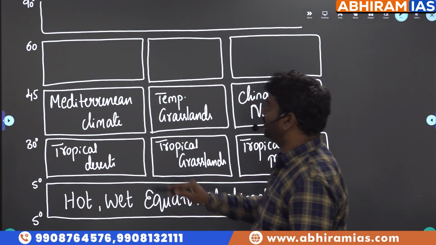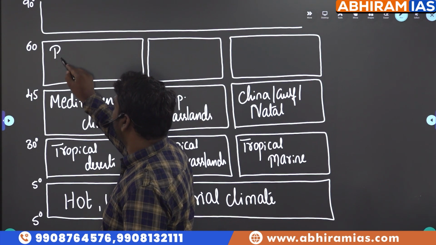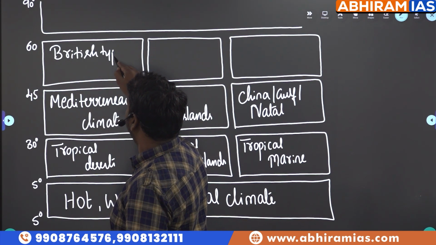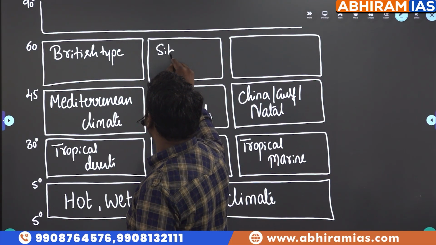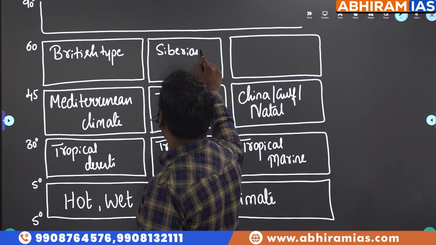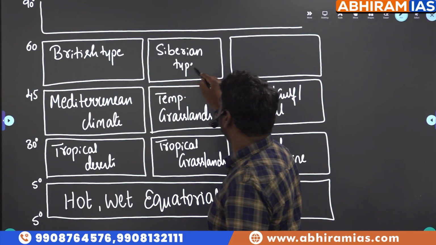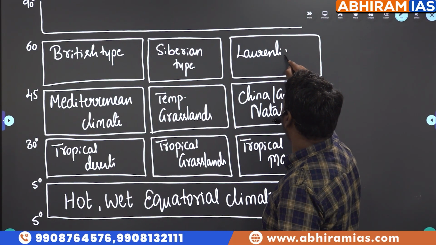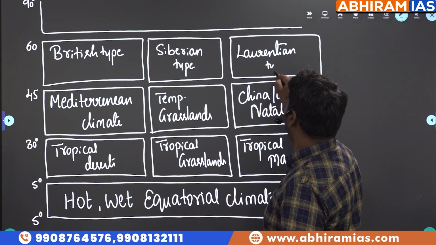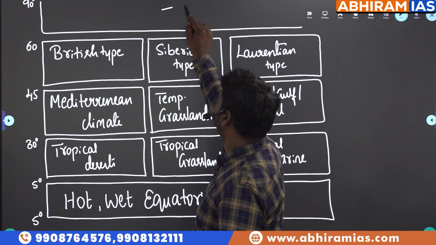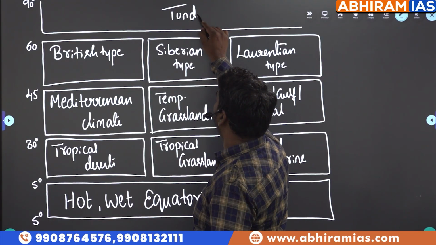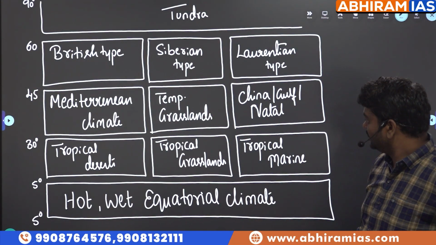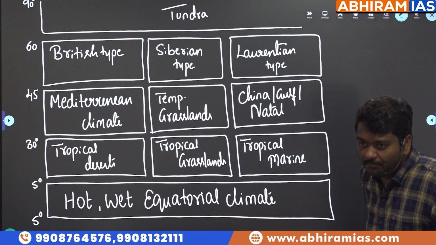Okay, next, guys, 45 to 60 is British type, Laurentian type, tundra type. Okay, first draw this. I'll tell you what to remember.